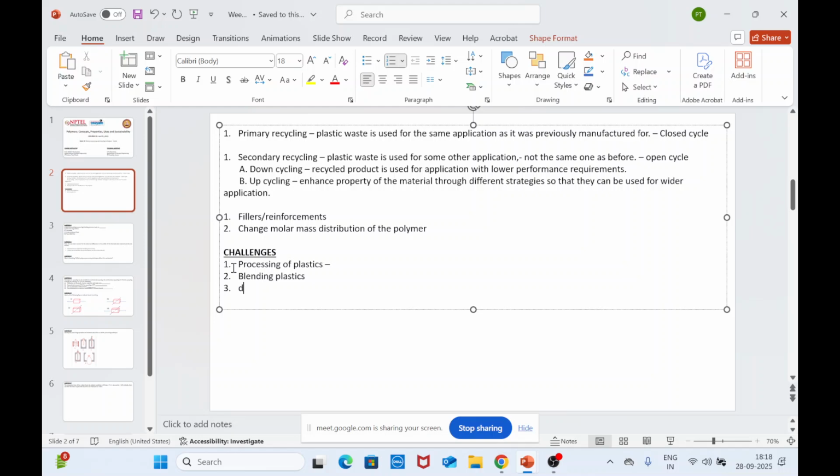So property degradation can happen during multiple recycling. These could be some of the challenges associated with the recycling of plastic materials.